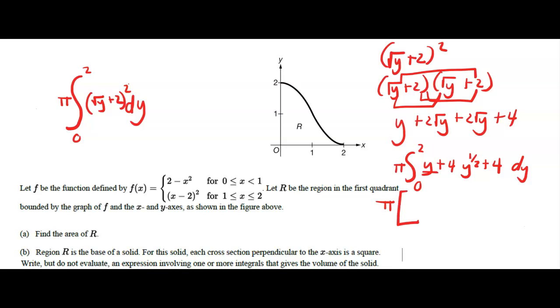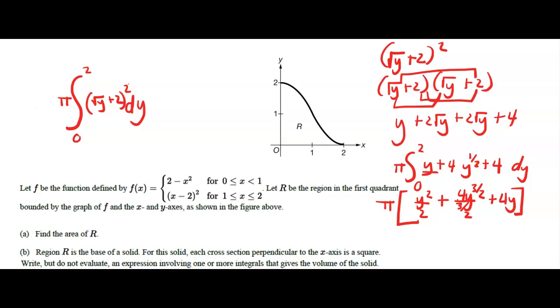So if I integrate y, I get y squared over 2. If I integrate 4y to the half, I'm going to have y to the 3 halves, and then I'm going to divide by that number. And then integrating 4, we have 4y.